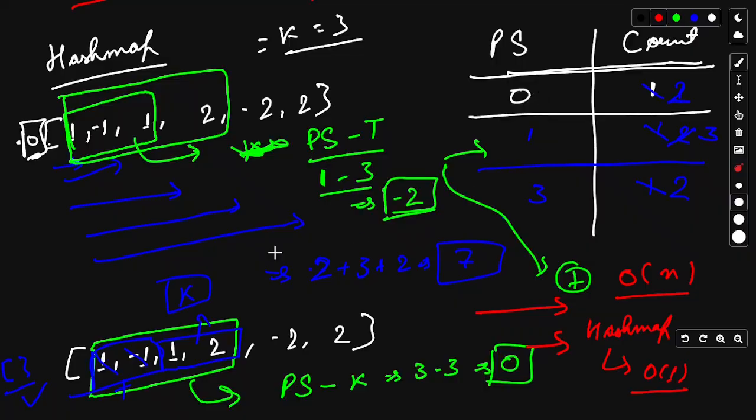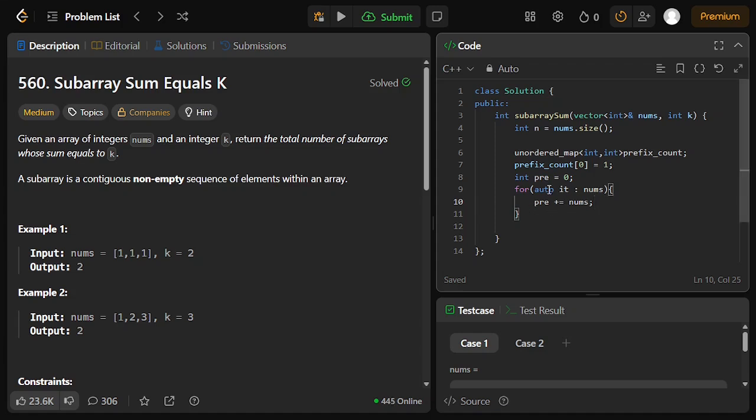What are we doing every time? We will take prefix sum, we will take the current sum, and we will add to it again and again. The pre sum we can take as current sum. We'll add every element to it.